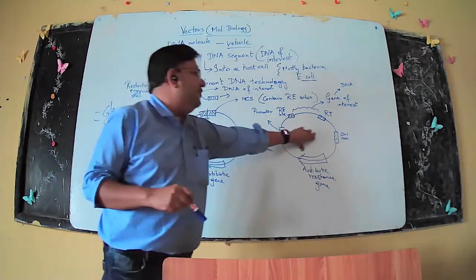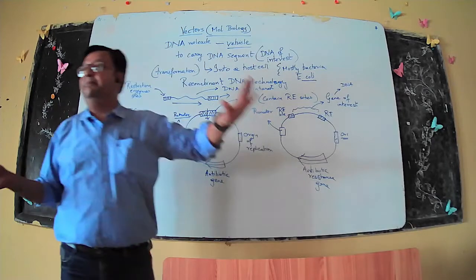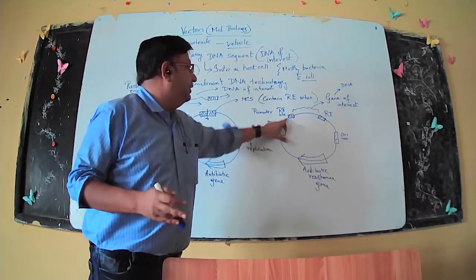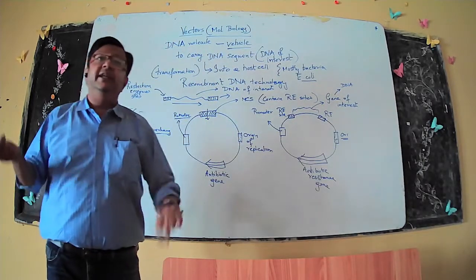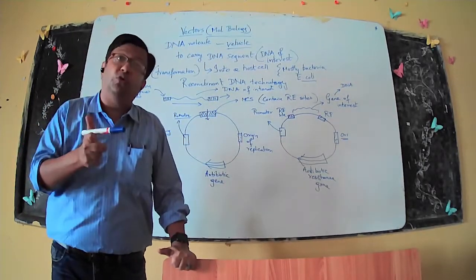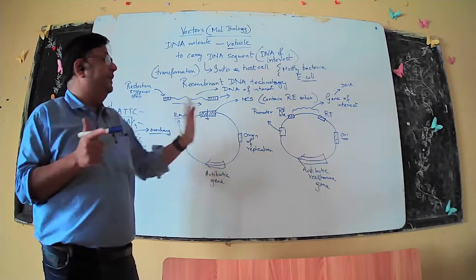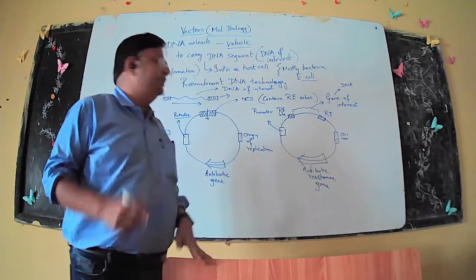So you have a vehicle which contains a gene of interest, say for example insulin. It has got a promoter. Because of this promoter, this is going to be transcribed and translated using the bacteria's host machinery of transcription and translation. So the plasmid inside the bacteria is going to get expressed because of this promoter region.